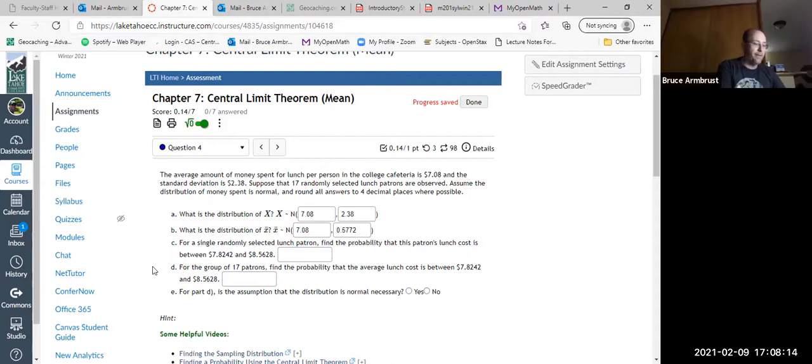Give me that first. What command are we going to use? Okay, good. CDF, normal CDF. Which mean and which standard deviation? Well, don't bother which mean because it's the same mean, but which are the two standard deviations? The one from part A or from part B?